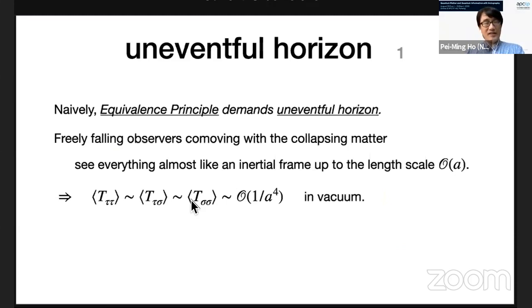More precisely, if you have a geometry with characteristic length scale a, the Schwarzschild radius for the Schwarzschild solution, then you expect the energy momentum tensor of the vacuum for freely falling observers to be no larger than 1/a⁴, according to the equivalence principle. Here, tau and sigma are the local time and radial coordinates for a bunch of freely falling observers.